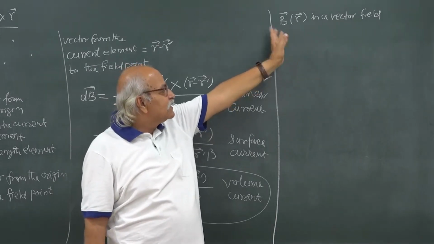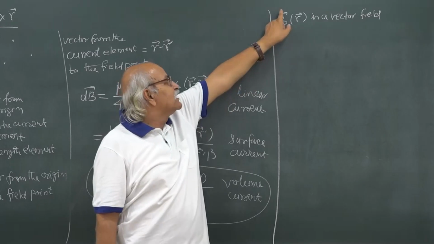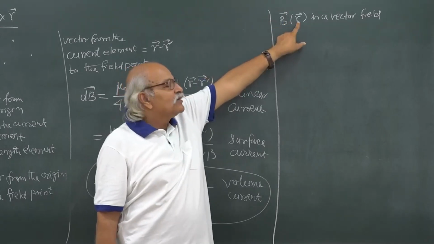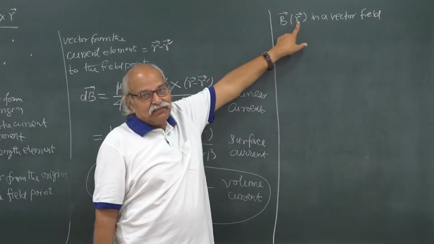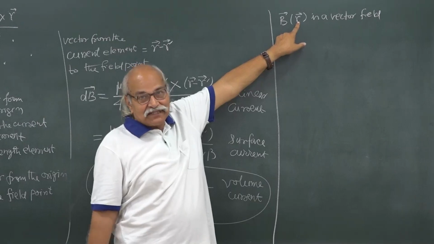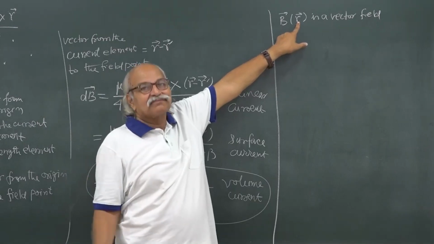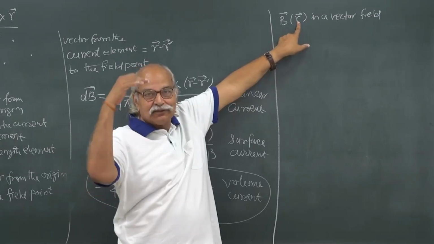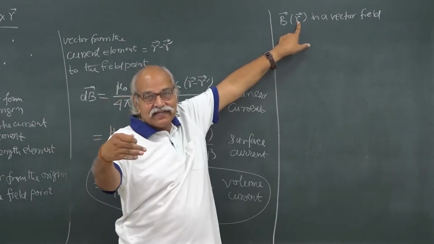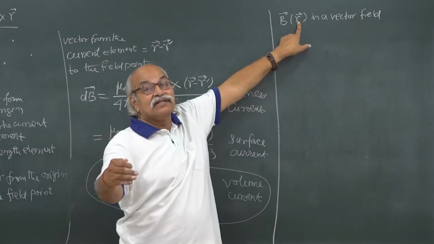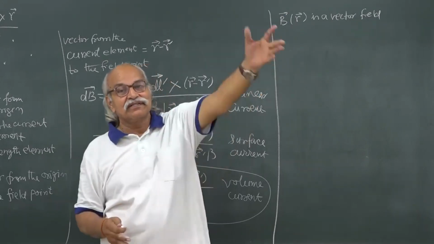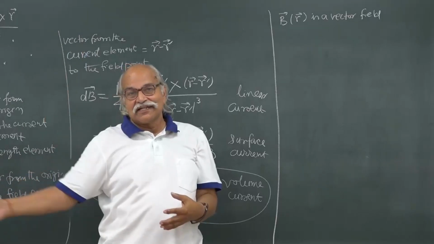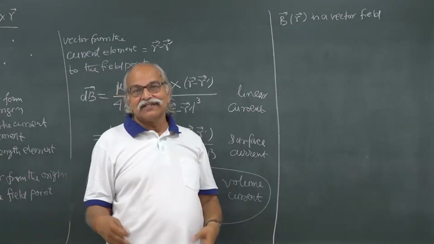You also have a scalar field, where it will be a scalar quantity which depends on position in space. For example, take the temperature in this room or in this town: at different locations the temperature is different. Temperature itself is a scalar quantity, and there is temperature here, temperature there. So, at different space points you have different temperatures.